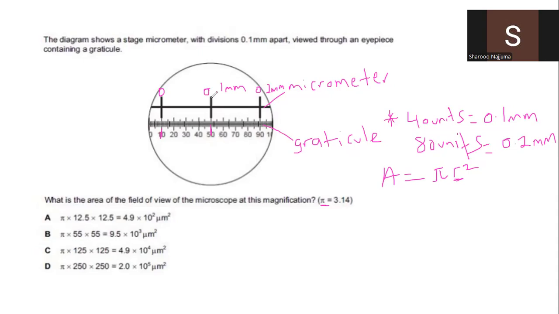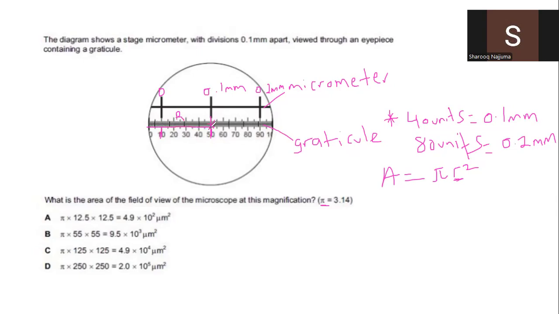You can see that the middle of this circle is taking up how many eyepiece graticule units? We can see that if I'm to look at the middle of the circle, it's running from 0 to 50. That is where the middle of the circle is. So that means this is our radius. So the radius is equivalent to 50 eyepiece graticule units. You can see it very well.